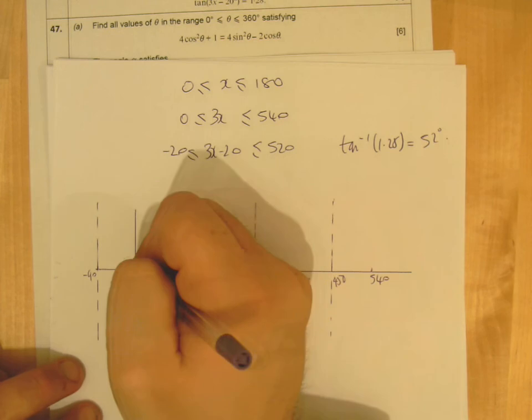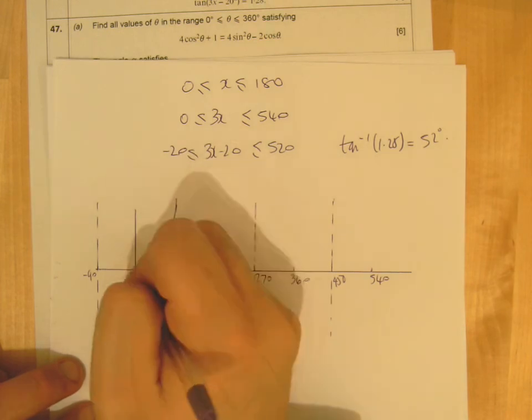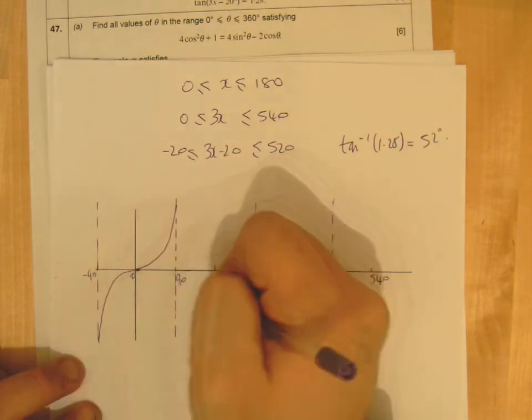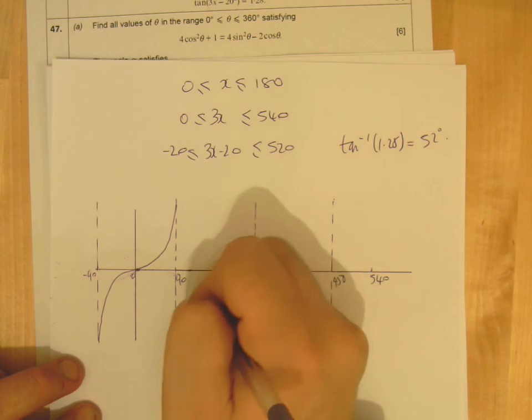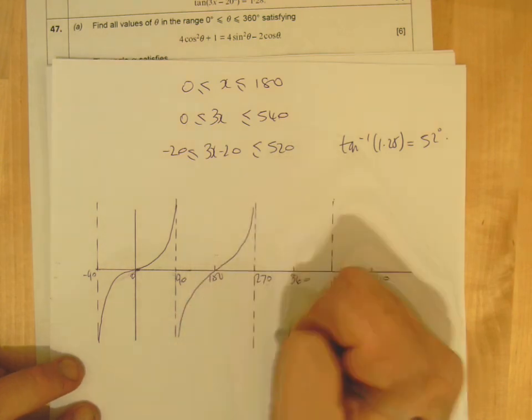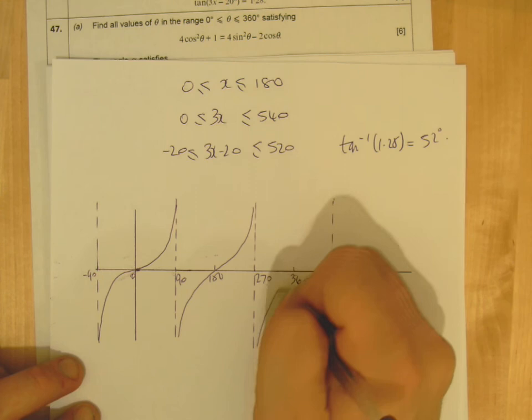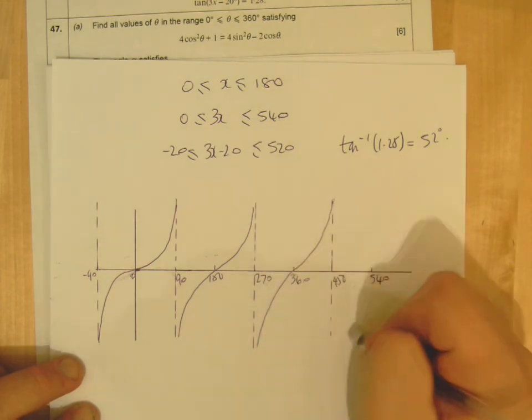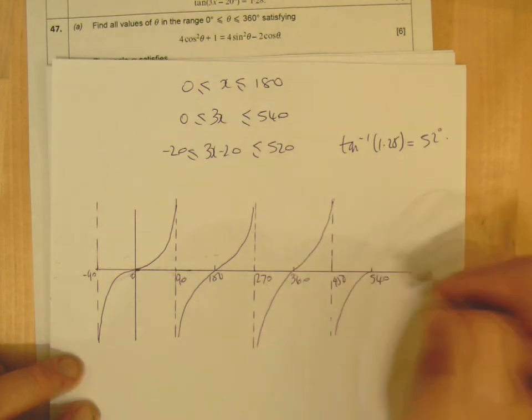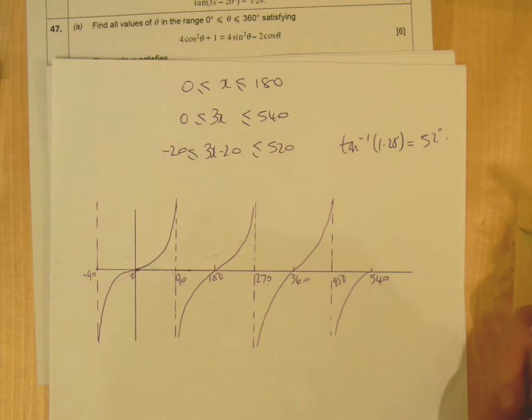So draw in your tan graph. It doesn't actually get to the asymptote. So that's what we're looking at there.